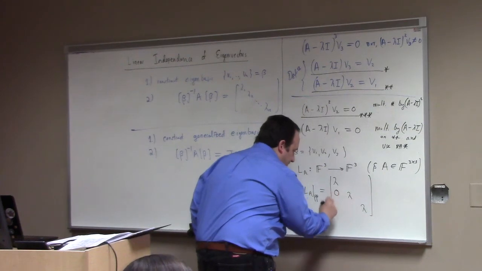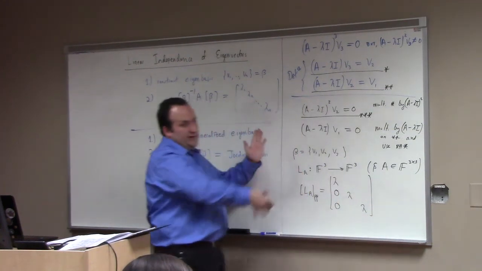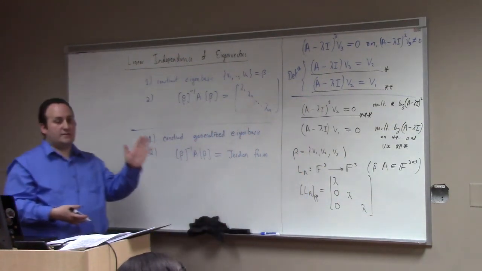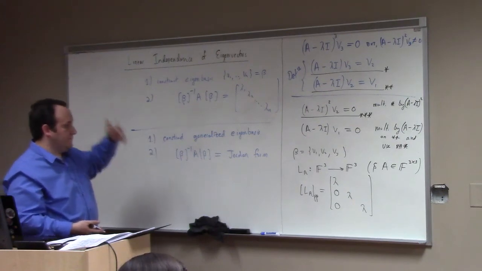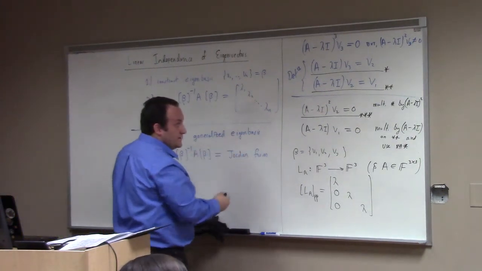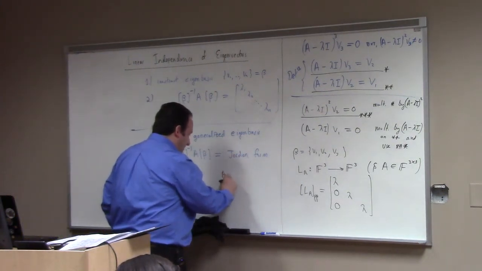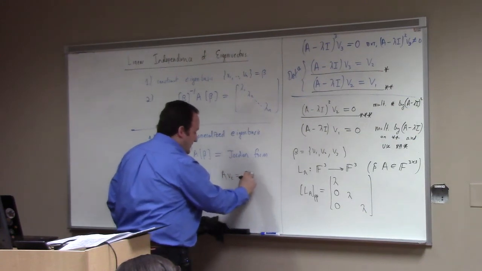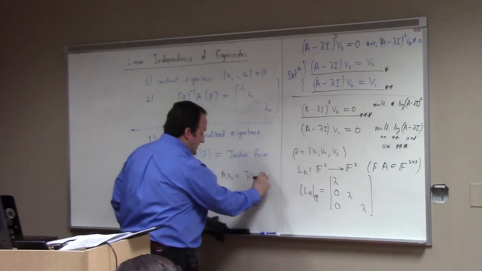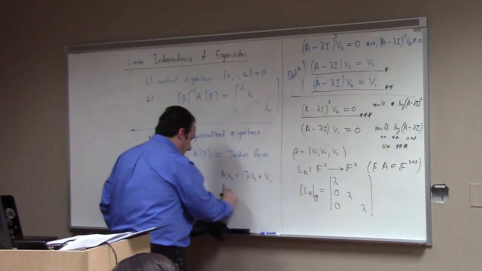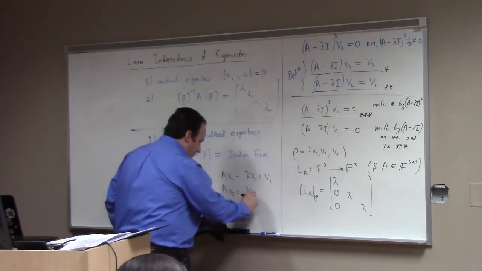So basically V1 is an eigenvector, right? But how does V2 work? A V2 is lambda V2 plus V1, isn't it? And A V3 is lambda V3 plus V2.